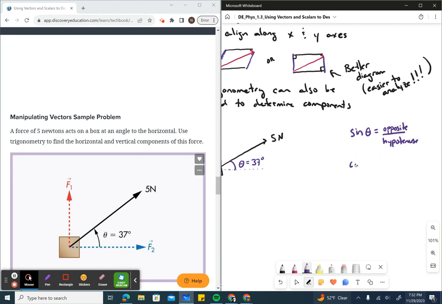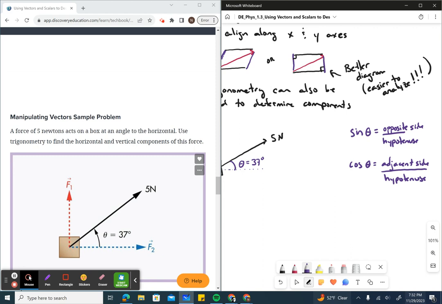You have your cosine of theta, which is going to be your adjacent side over your hypotenuse. We're talking triangles right now. And you also have a tangent one, but I think this will be fine for right now.